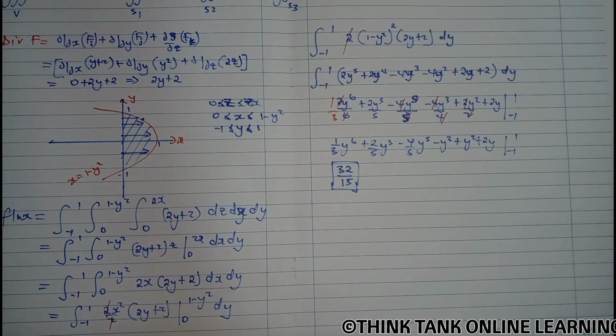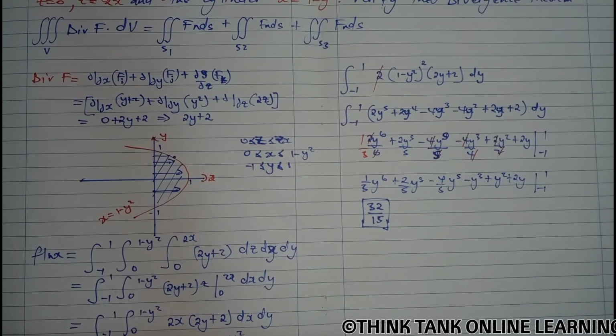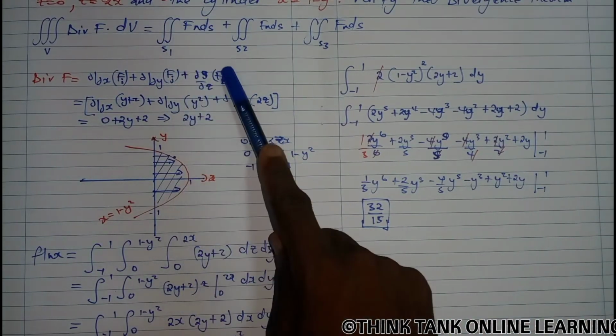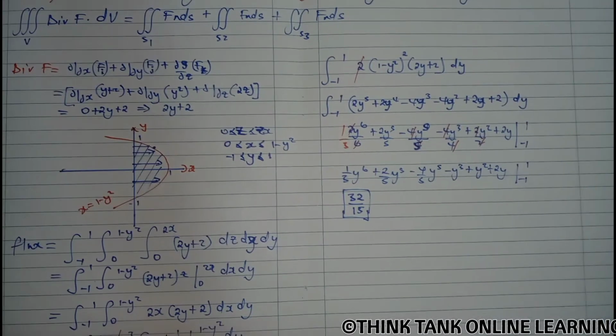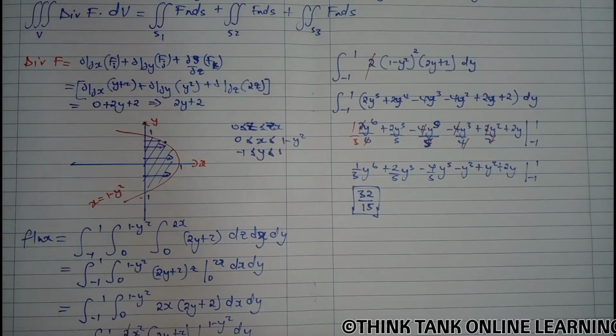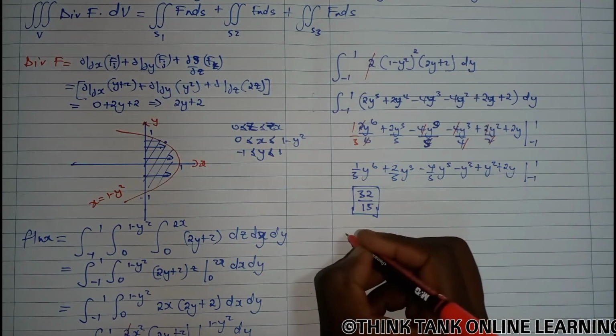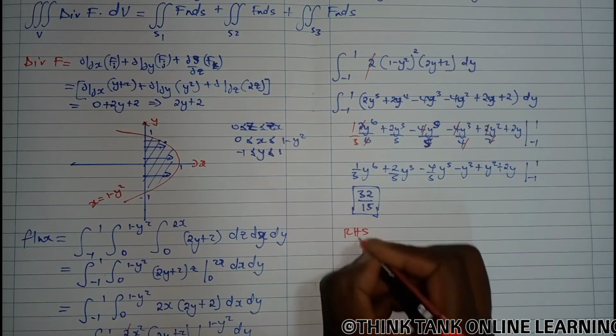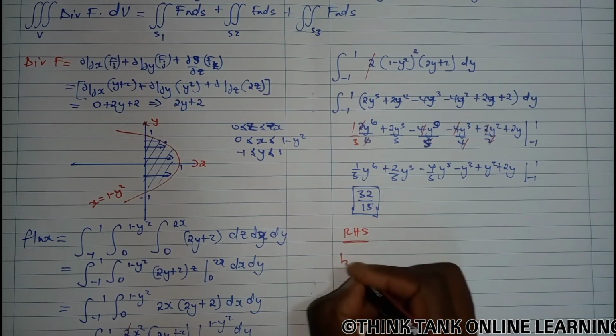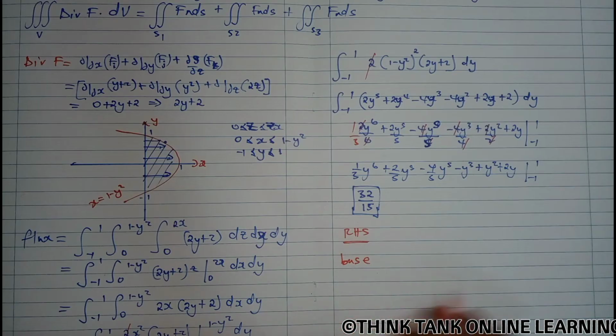Okay, so now we want to move to this side. We have surface 1, surface 2, surface 3. You are going to start with the surface which you want, and I've said that I'll do these things first. On the right hand side, I'm going to start with the base, the base of the solid, or the base of that half of the same cylinder.